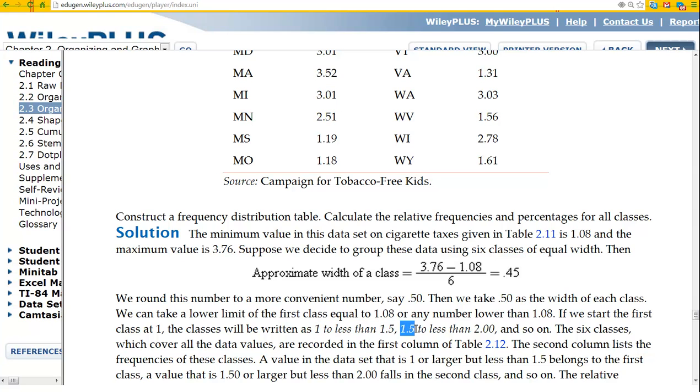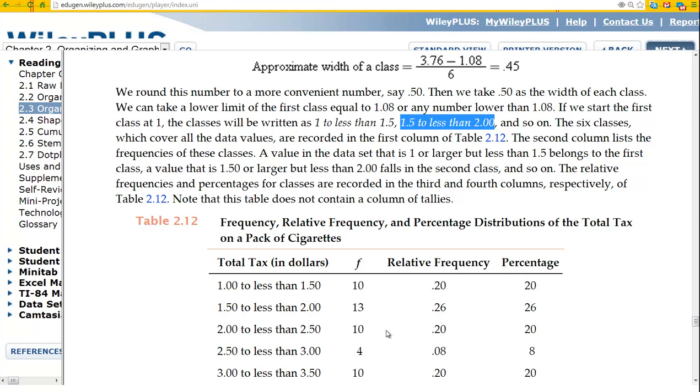And then 1.5 to less than 2, not including 2. The 6 classes which cover all the data values are recorded in the first column of the table. So that's what they mean by the less than method. In table 2.2, 1 to less than 1.5 and so on. A value in the data set that is 1 or larger but less than 1.5 belongs to the first class.